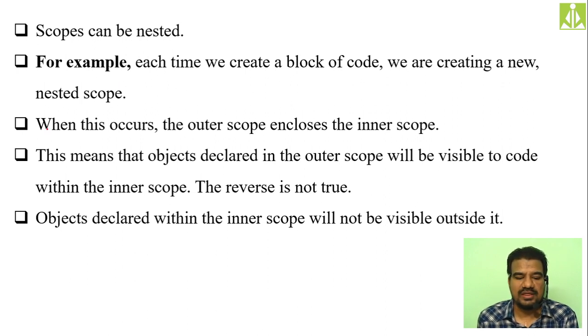When this occurs, the outer scope encloses the inner scope. The inner scope becomes a part of the outer scope. So that means whatever objects you declare inside the outer scope will become visible, or available, to the code within the nested block, the code within the inner scope. The reverse is not true.